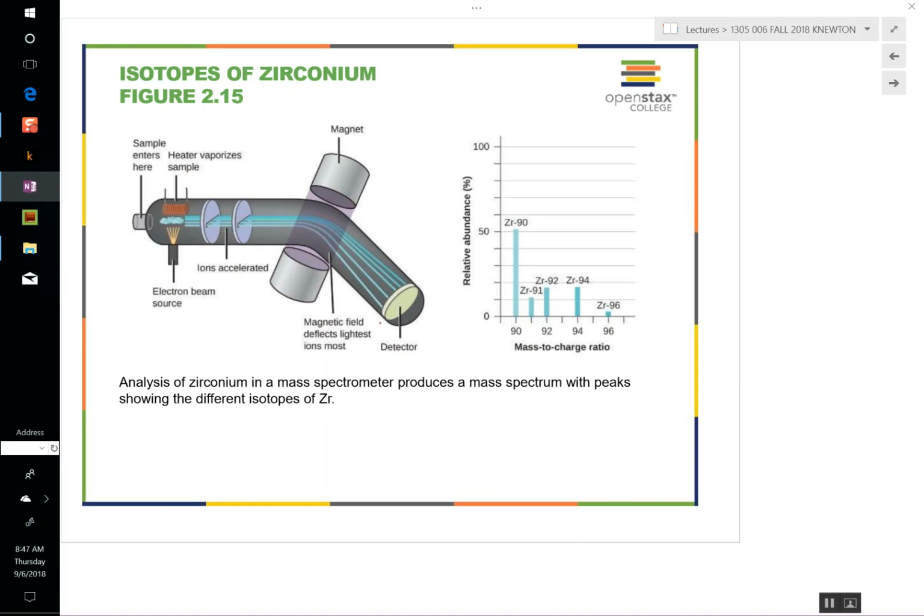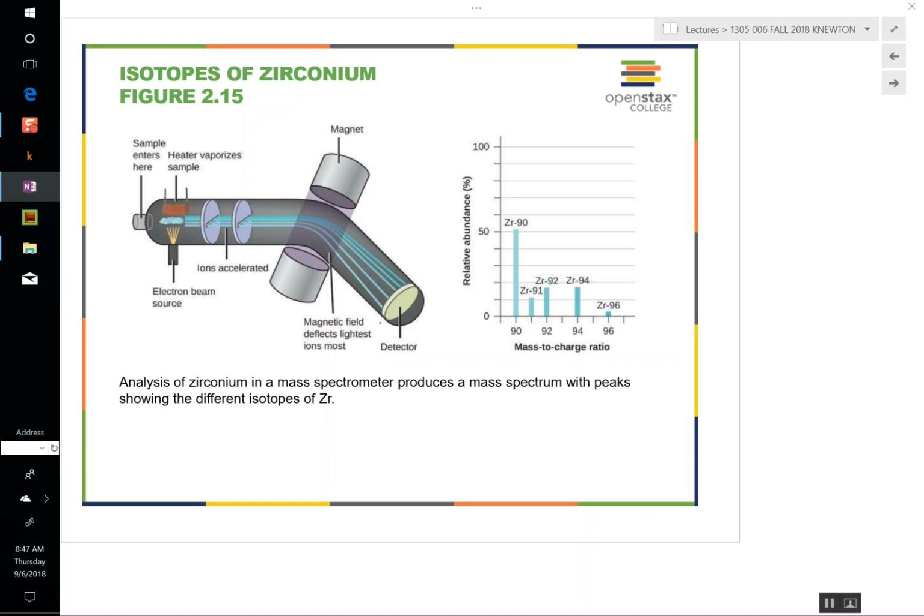Oh, here it is, zirconium. So here's zirconium 90, zirconium 91, 92, 94, 96. And then they were also able to determine the relative abundance based on the intensity of these beams right here. They weren't all there in equal amounts. They were there in very different amounts.